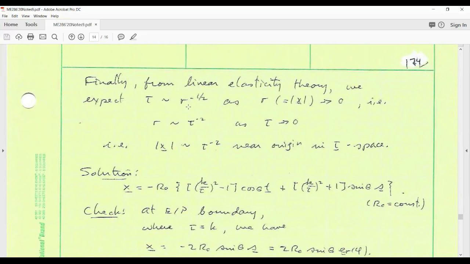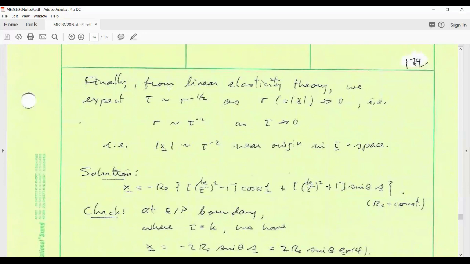I think most of you have heard about that kind of thing. And this is where elasticity, of course, gets in trouble, because with the stress blowing up like 1 over the square root of radius as r tends to 0, the strains will as well in linear elasticity, and then you're outside the range of the application of the theory that you use to make the prediction. So you have a logical inconsistency.